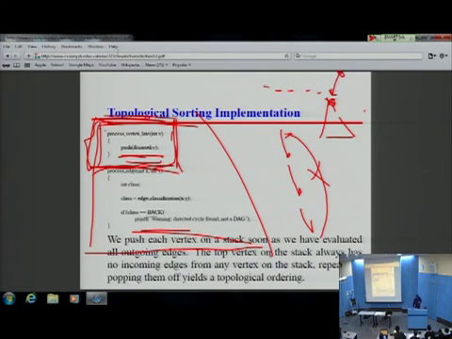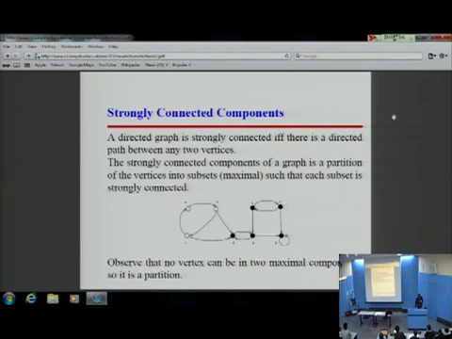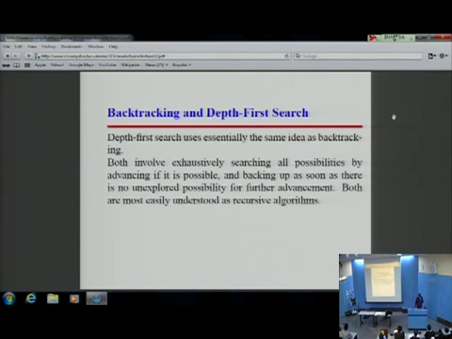Good. Okay. So what else do I want to talk about to finish up my section on depth first search? Since we're running a little bit late, I won't talk so much about strongly connected components. I will just give you one foreshadowing of the future.